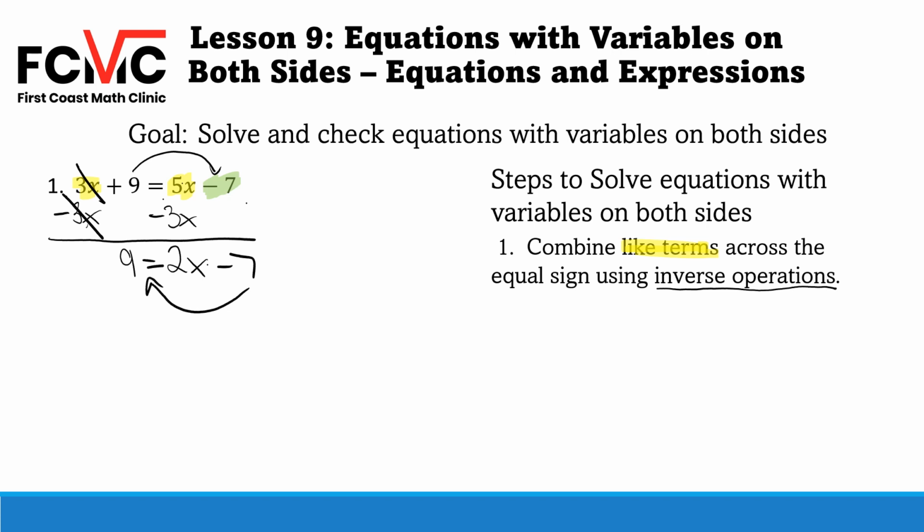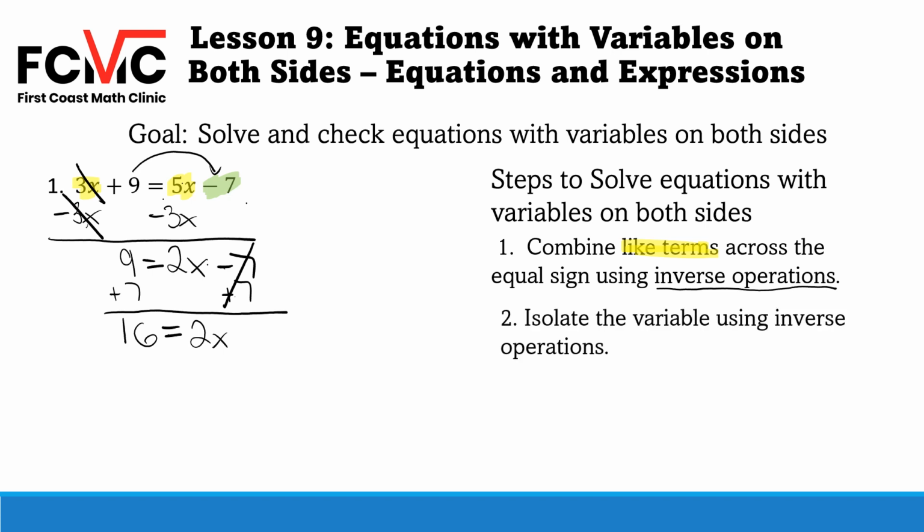What sign is on that 7? 7 is a minus sign, or a negative sign. 7 is being subtracted, so let's undo subtracting 7 and add 7 to both sides. All right, because if I add 7 now, negative 7 plus 7 cancels out, it's 0. So now I get 2x equals 16.